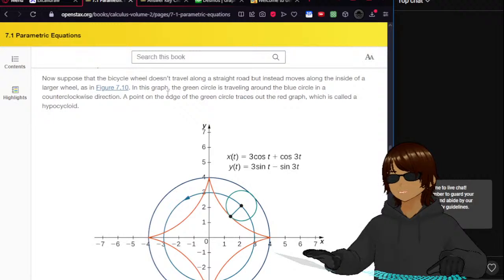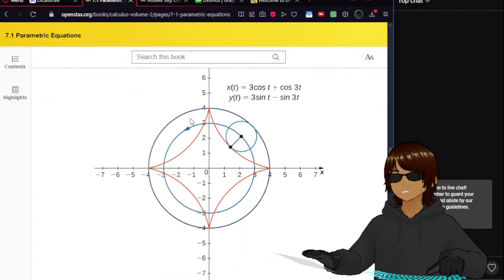A point on the edge of the green circle traces out the red graph, which is called a hypocycloid. Okay, so the cycle is going around inside a circle. So this is the wheel, and the point it traces is this diamond shape.